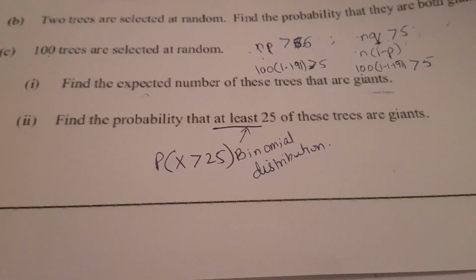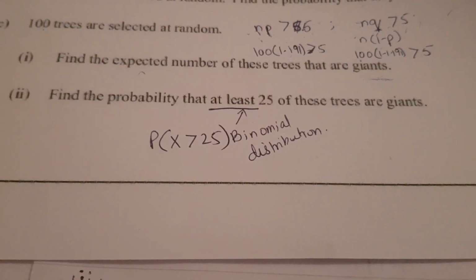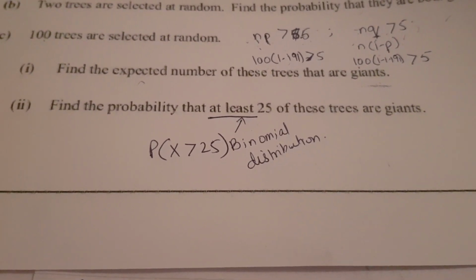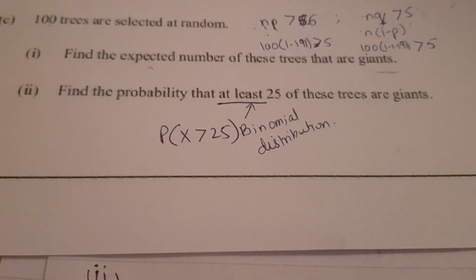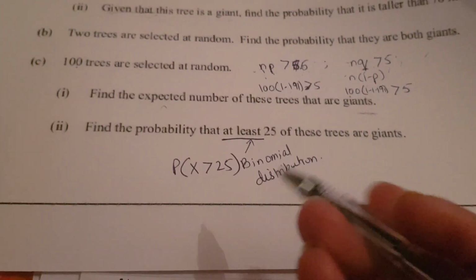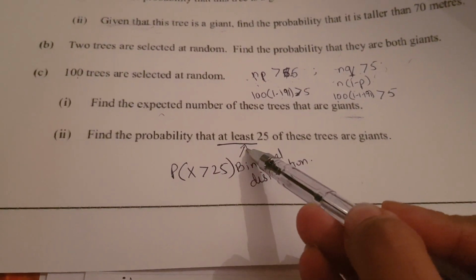You know the maximum value, that 100 trees are there right now. So in this particular condition, you can approximate your normal distribution to your binomial distribution. In such cases where words like at least or at most are written, you change your normal distribution to your binomial distribution.